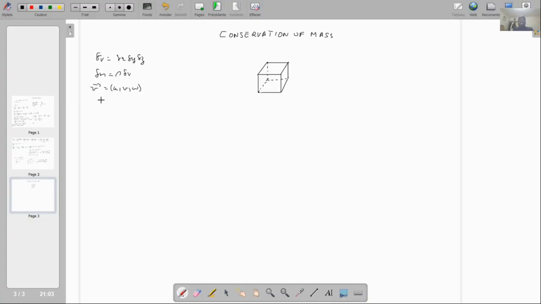So these three components of V, these three velocities can vary in space, which will cause the element to stretch or compress.